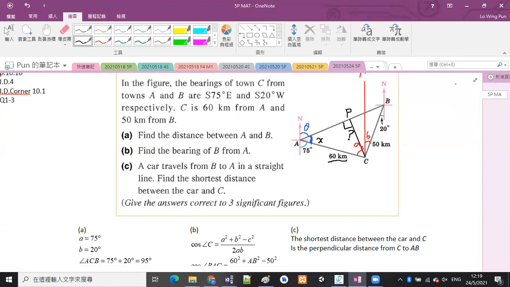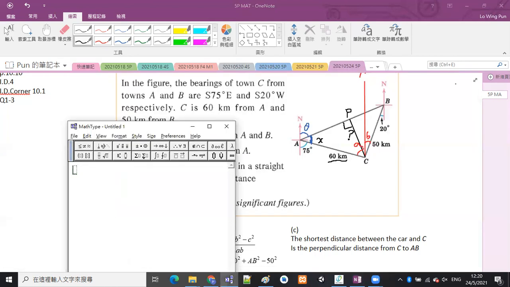According to this angle, the question mark is the opposite side. And then 60 km will be the hypotenuse. So I should use sine theta to set the equation. So sine angle CAP is equal to CP over 60.